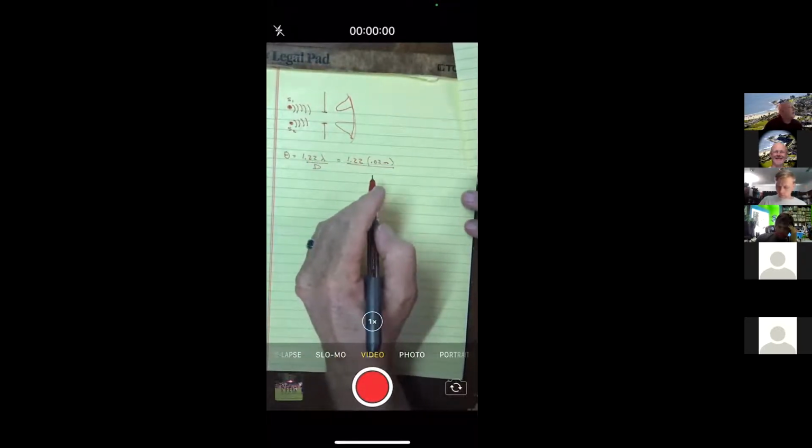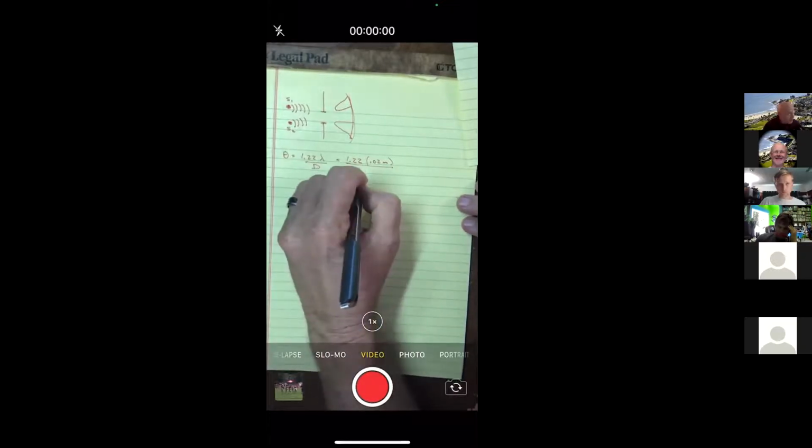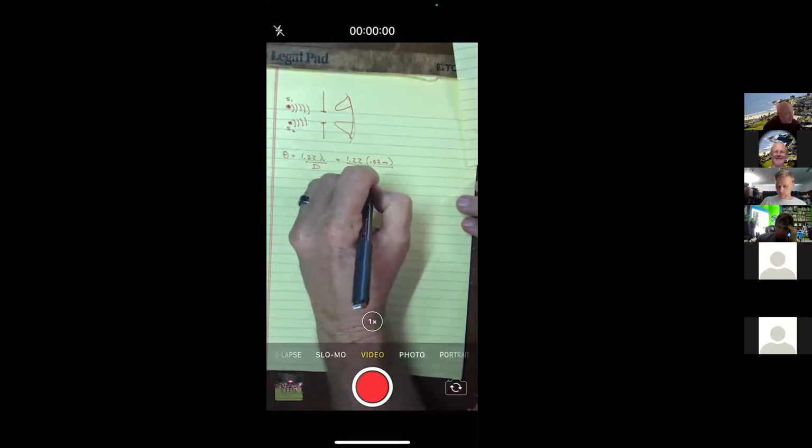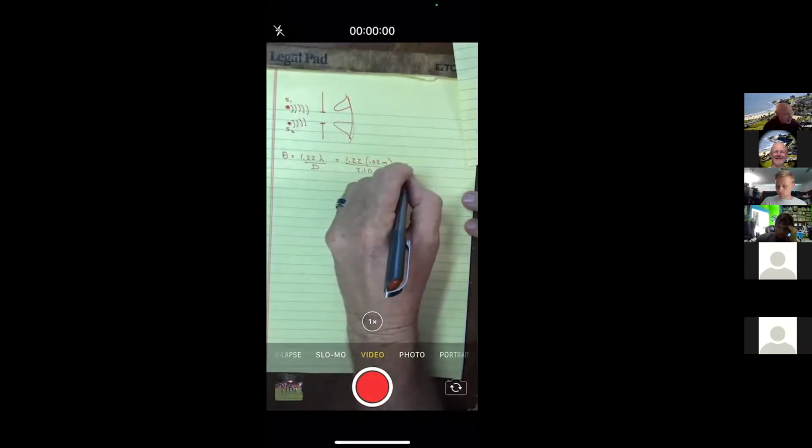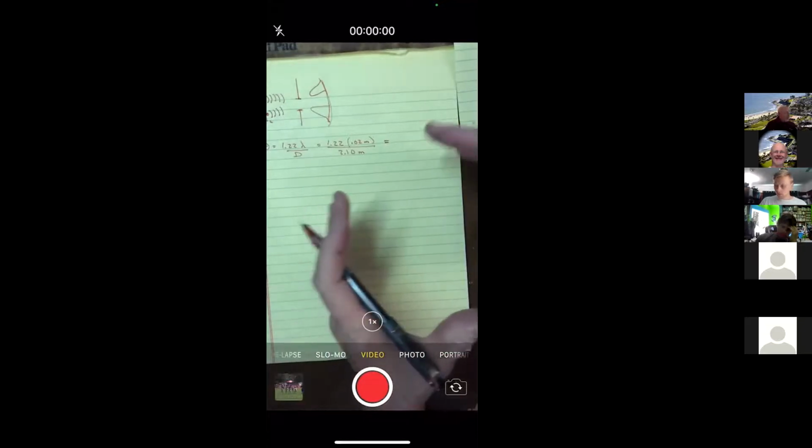What was the diameter of this thing? 2.10 meters. So this is the smallest angle they would be able to resolve.